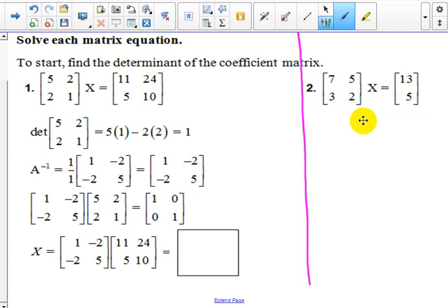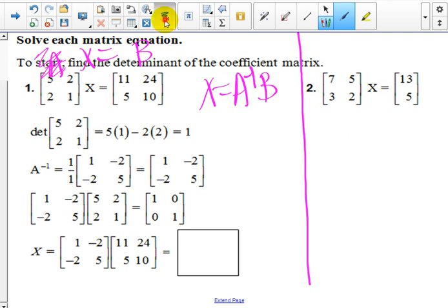Right, now when we look at this, here's matrix A, X equals matrix B, right? So to solve this, we know that we're going to multiply each side by the inverse, and then this goes to the identity matrix, and we have that X is equal to the inverse of A times B. Right, that's what we're working for.